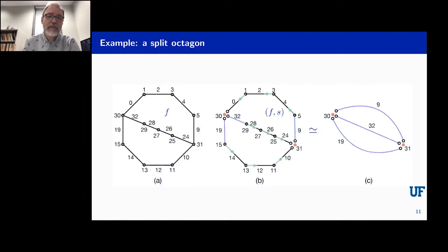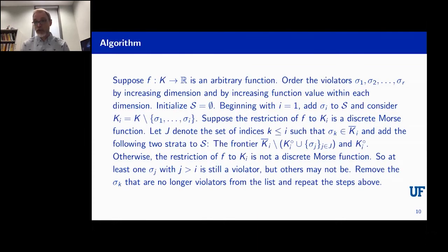And then you can check, so theorem, this works, okay? It shouldn't be too hard to believe that this algorithm actually does generate a stratification, and the function you started with is a discrete stratified Morse function on it.